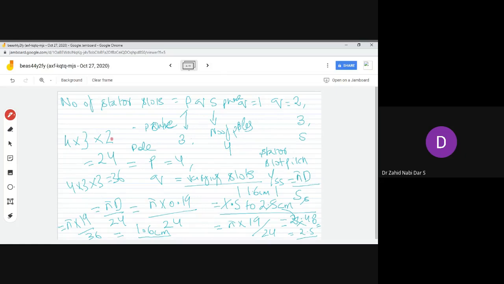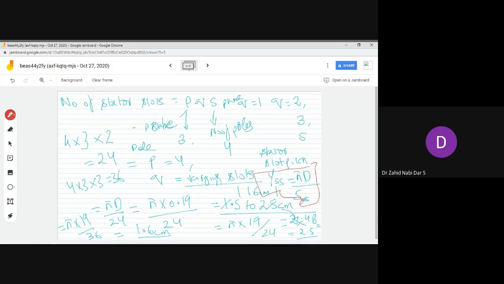When I substitute, I just saw how many stator slots can be accommodated, and this formula is here: Ys is equal to pi D by SS, just like the pole pitch value pi D by P, but here it is the slot pitch. SS is the number of stator slots that can be accommodated in this geometry, and pi D is the circumference.